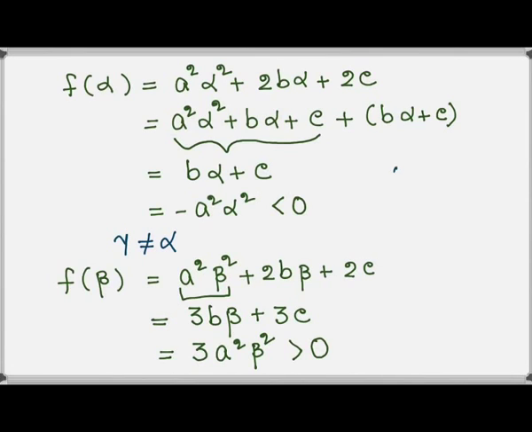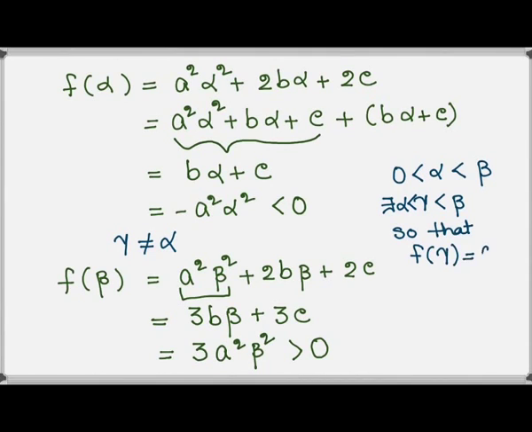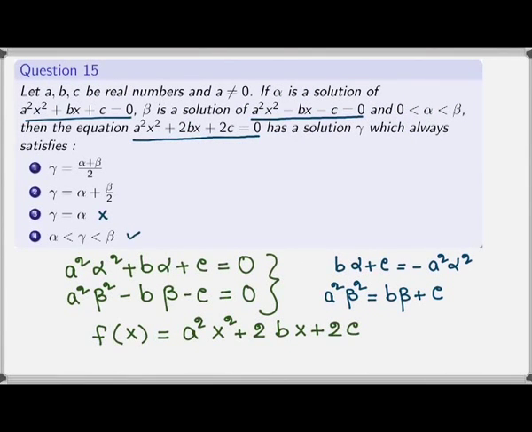As we have 0 is strictly less than alpha, strictly less than beta, so we can write there exists gamma which is between alpha and beta so that f of gamma is equal to 0. We see here that the fourth option is correct.